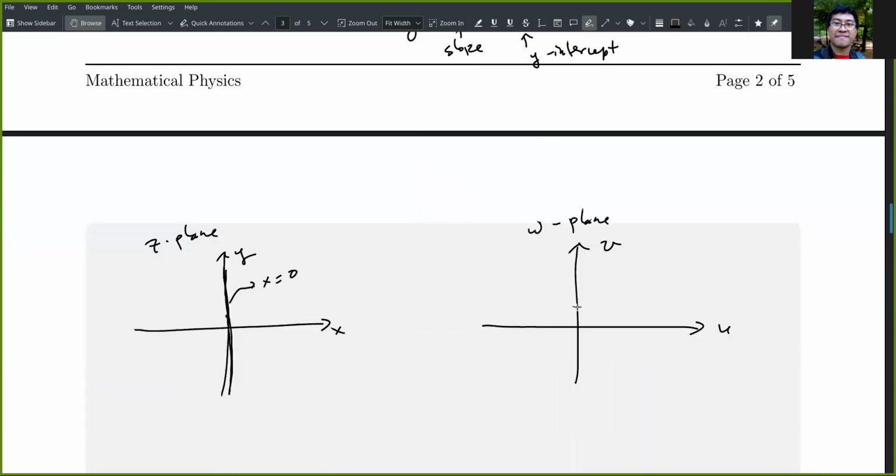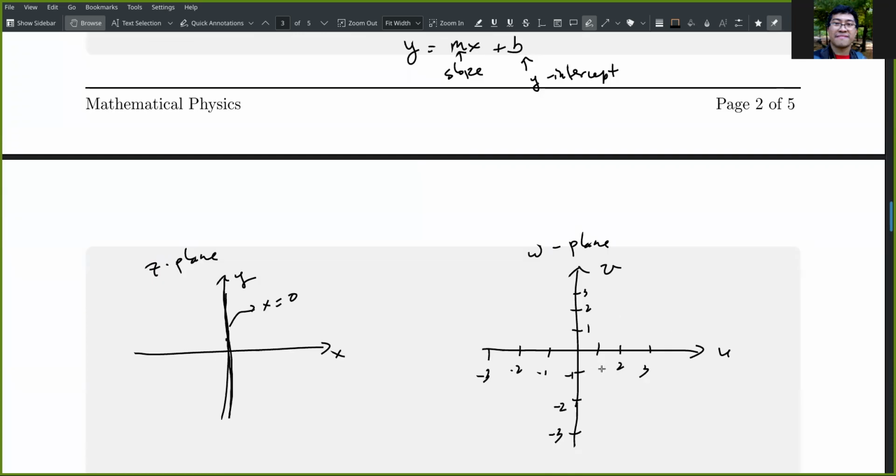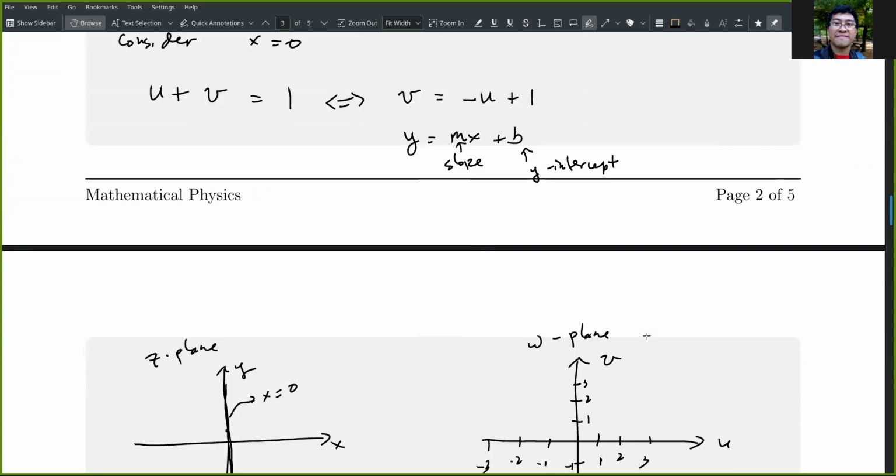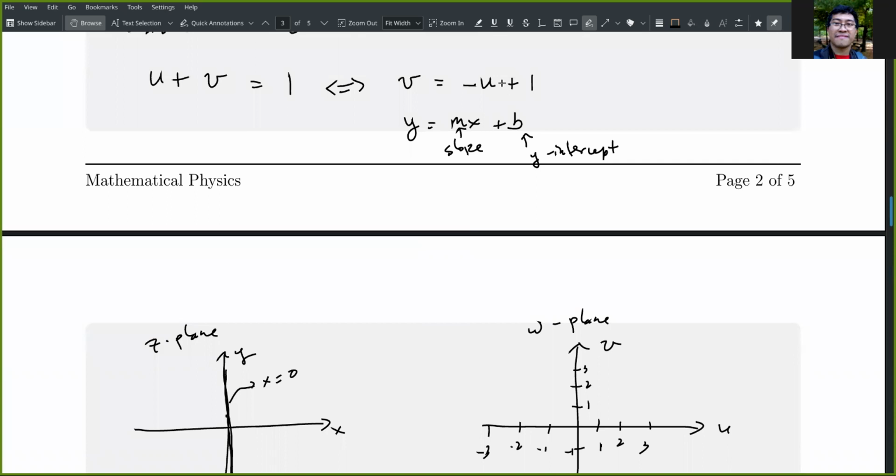So say this is 1, this is 2, this is 3, this is 1, 2, 3, 1, 2, 3, negative, -1, -2, -3. So v equals negative u plus 1.